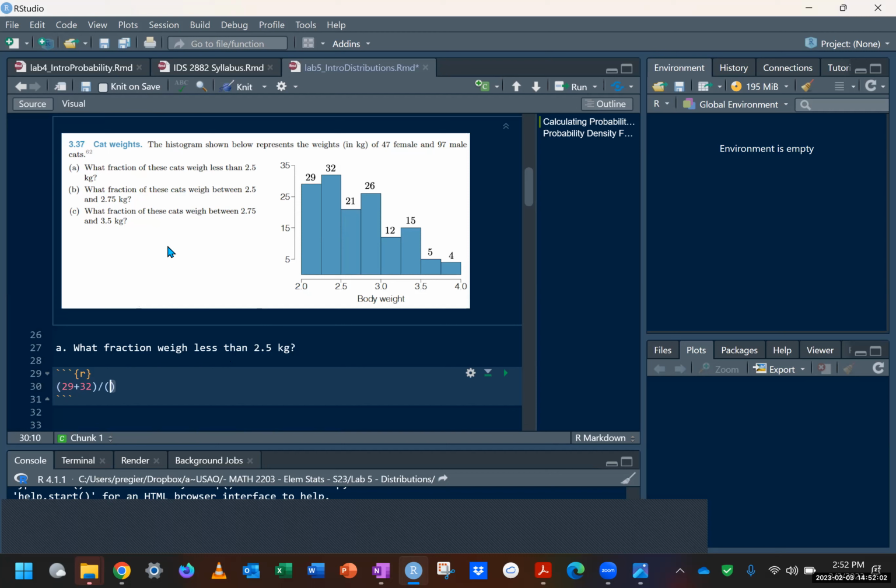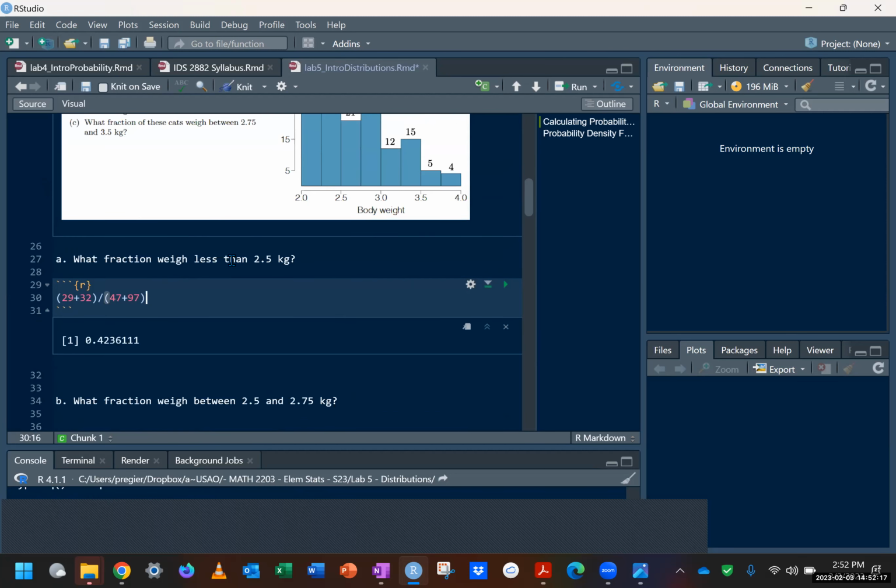I could add up all these values to get the total, or I could see up here there's 47 female and 97 male. So 47 plus 97, I can do it all at once. That tells me what fraction of cats weigh less than 2.5. So about 42%, 42.6% if I want to write it as a percent.